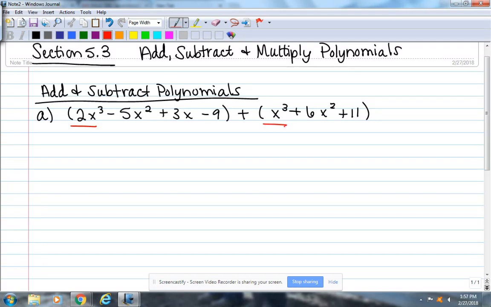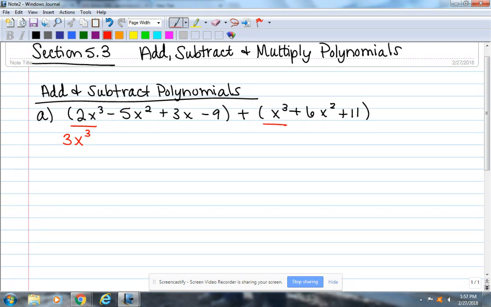So I have 2x to the third plus 1x to the third. So you add the coefficients. What's 2 plus 1? 3. And you keep the exponent. It's not x to the 6th. It's x to the third. So when you combine like terms, you add or subtract the coefficients, and you keep the exponent.